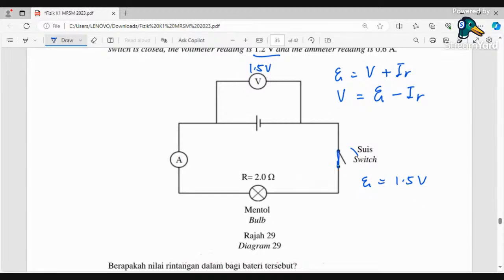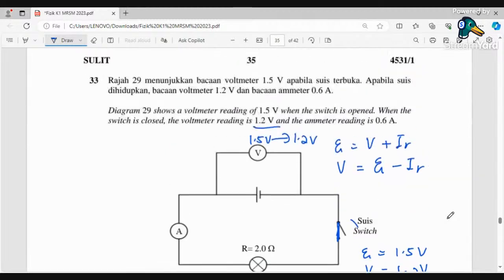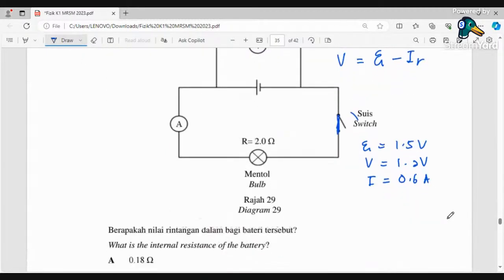When the switch is closed, it dropped to 1.2 volt. So that one is V, 1.2 volt. Current ialah 0.6 ampere. So you need to find small r. Just ganti dalam formula saja. EMF equals V plus I small r.